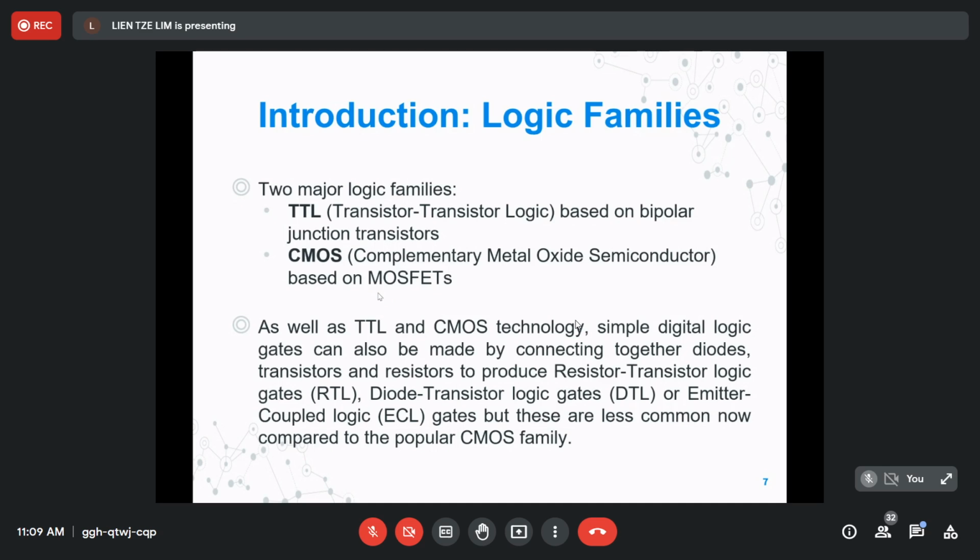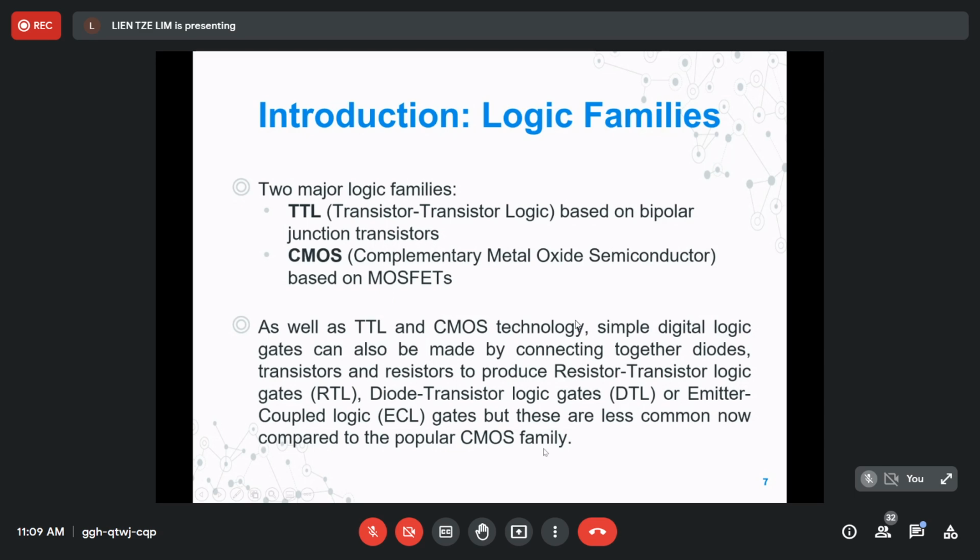As well as TTL and CMOS technology, simple digital logic gates can also be made by connecting together diodes, transistors, and resistors to produce resistor-transistor logic gates, RTL, and diode-transistor logic gates, DTL, or emitter-coupled logic, ECL, gates. But these are less common now compared to the popular CMOS family.